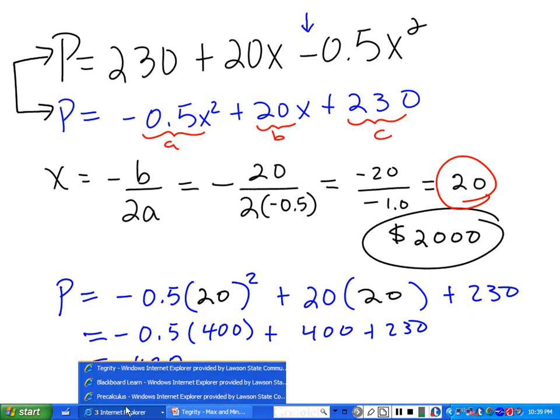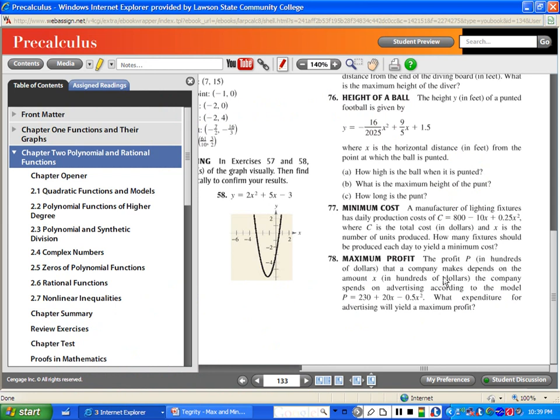But if we go back to our problem, our y is also in hundreds of dollars. The P is our y. So the profit P in hundreds of dollars that a company makes depends on the amount x in hundreds of dollars the company spends on advertising.